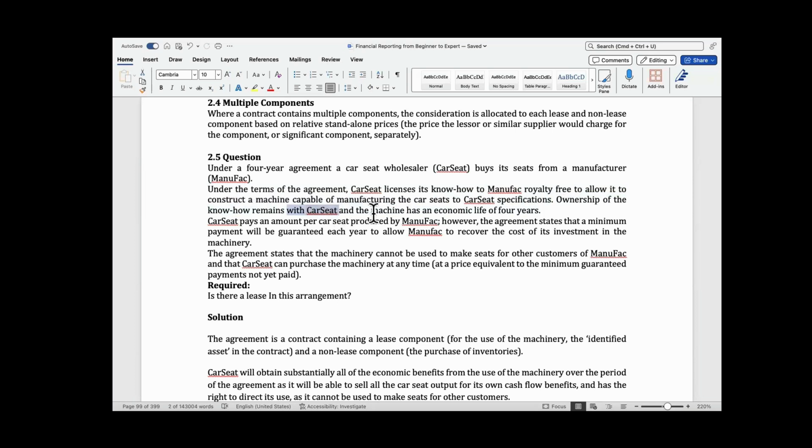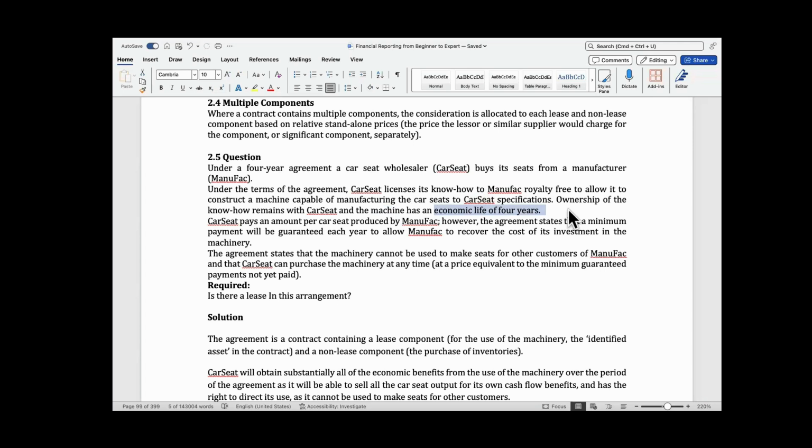But ultimately, Manufac has invested in that machine. Now the machine has a life of 4 years. So the key point coming out of this paragraph is that Manufac has gone all the way to manufacture a machine that would then be able to manufacture those seats in the way Car Seat wants it.